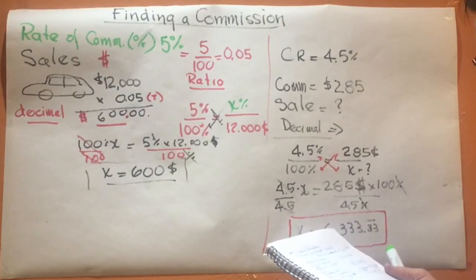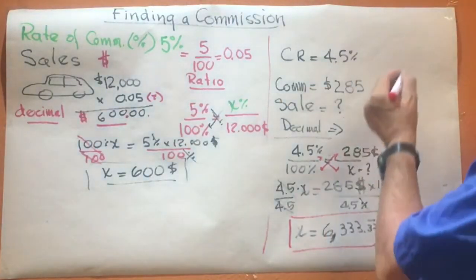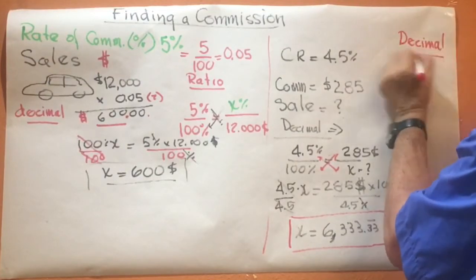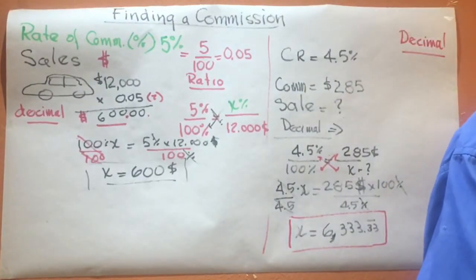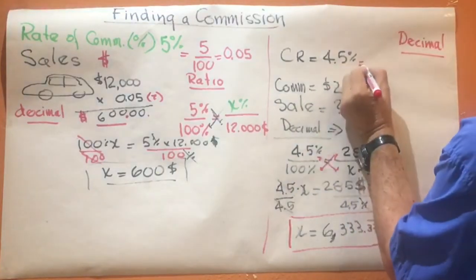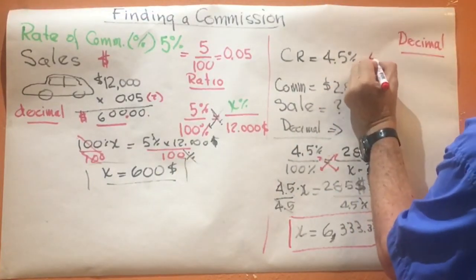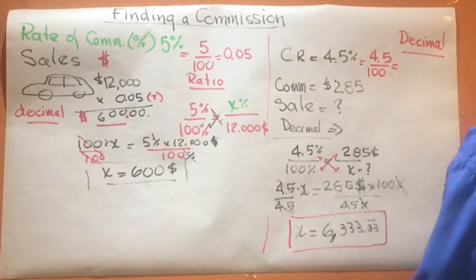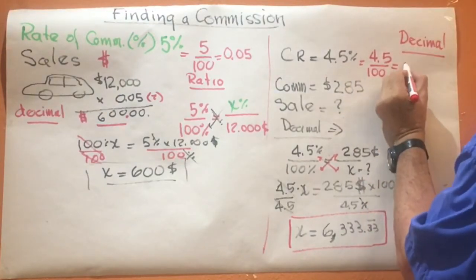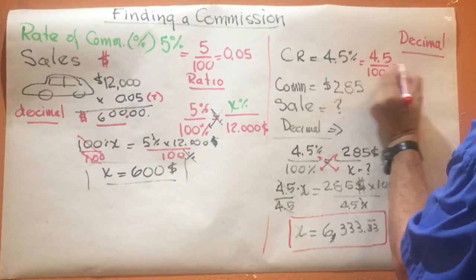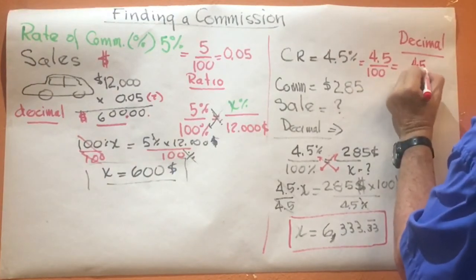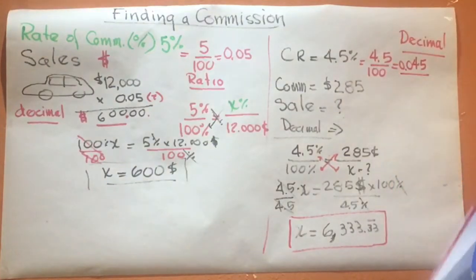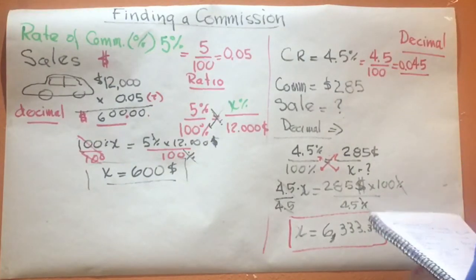Well, in the decimal method, what I have to do is change 4.5% into decimal. How much is it going to be? Well, 2 places. I have 1 and 2. So this is my rate of commission in decimals.